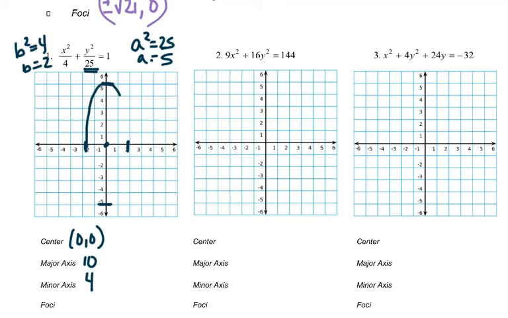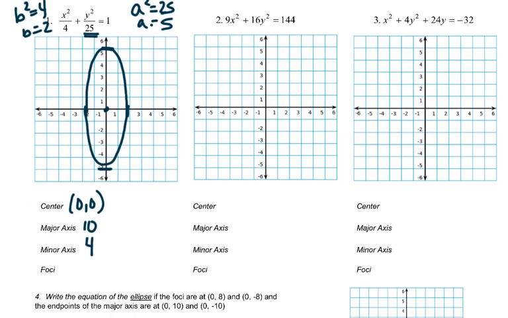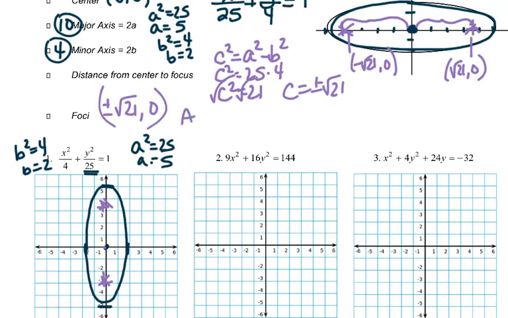The difference is now we're going more up, down. For the foci, I take c squared equals a squared minus b squared, so same kind of thing here where I get plus or minus root 21. That's the distance from the center to the foci. And we should have set up here, the foci are always on the major axis.